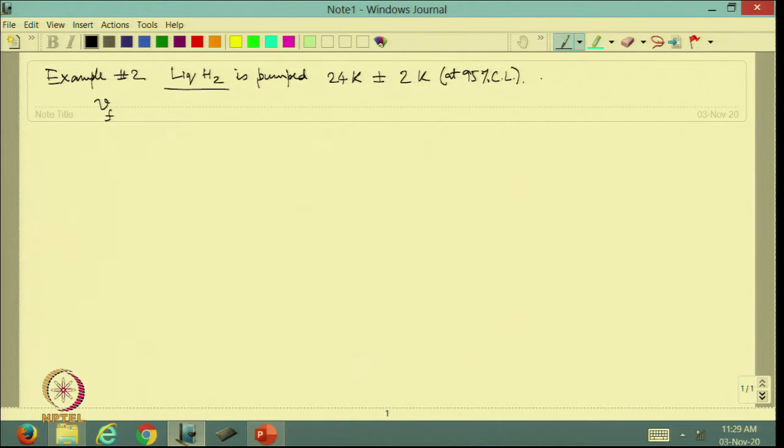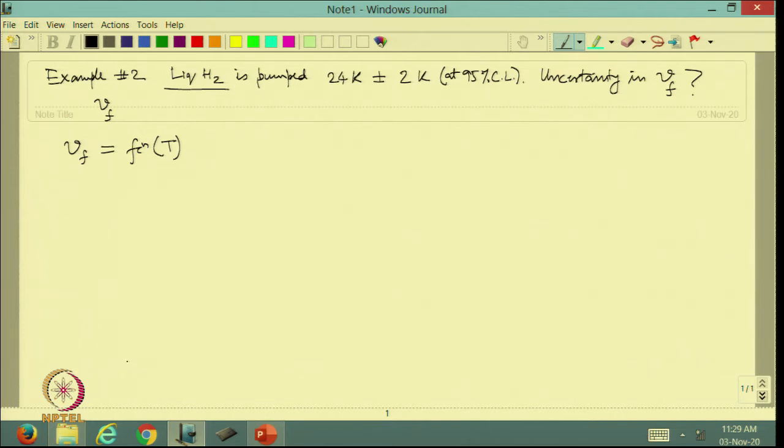So, the question is, what is the uncertainty in V f, and 1 upon V f will be the density. Now, we do not have a nice simple expression, a result formula for V f as a function of temperature for this saturated liquid state.